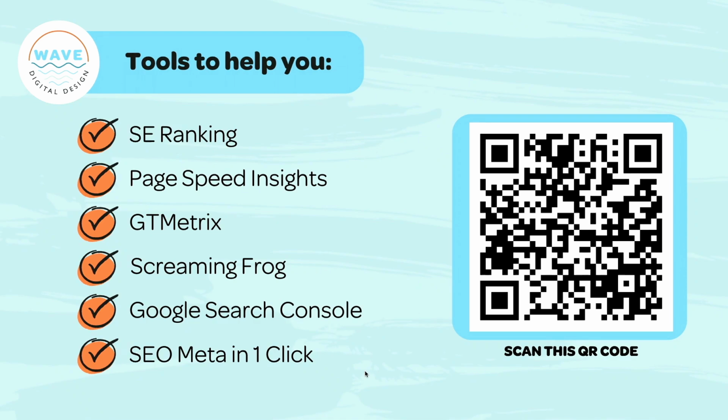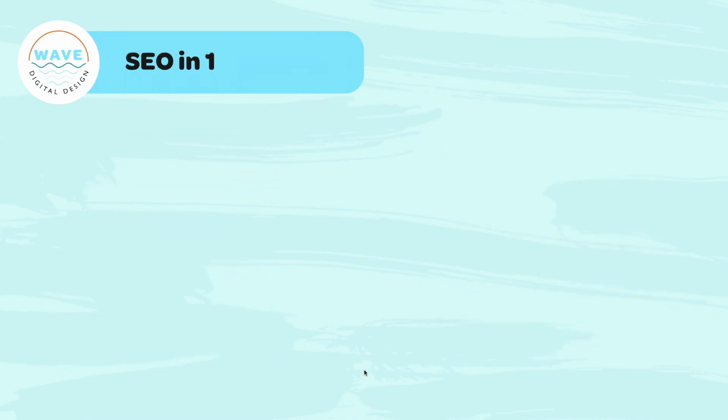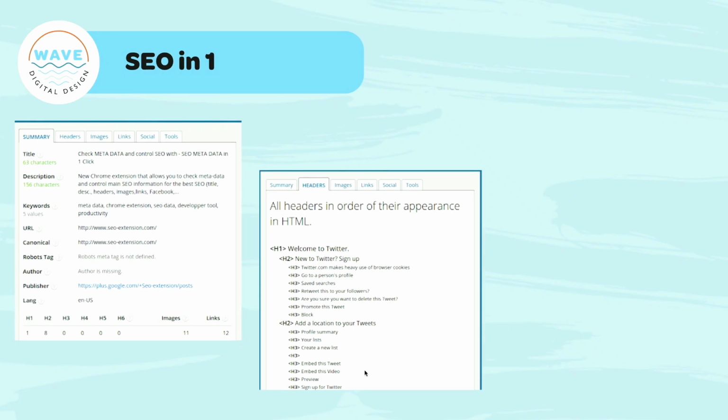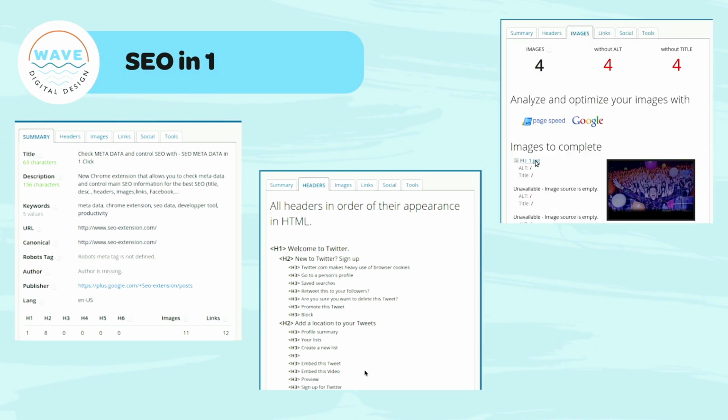Okay, as I mentioned, I want this session to be practical, so I want to dive into some of the tools. My first one that is my go-to is SEO Meta in 1 Click. This is a Chrome extension. Whenever a customer or a potential customer comes to me, first of all, I quickly go to their site and have a quick scan of it.